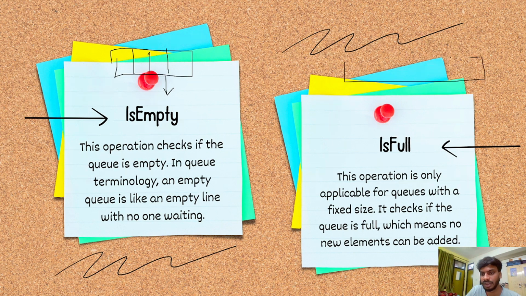As we have a queue where we have defined a fixed size, elements 1, 2, 3, 4, and 5. It checks if the queue is full, which means no new element can be added. So we can see here we have all the elements filled in this queue, so no new element can be added.